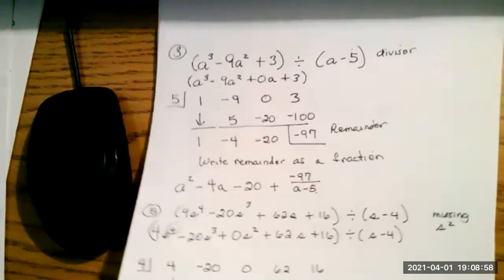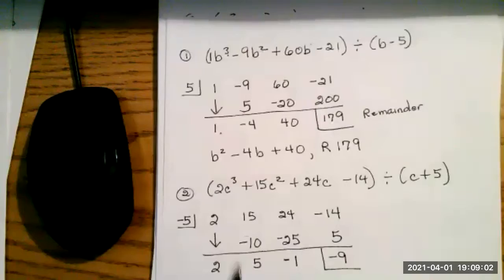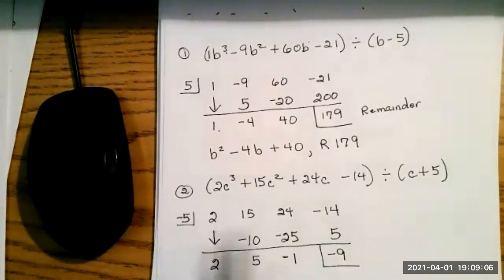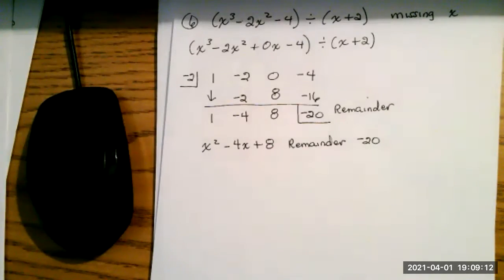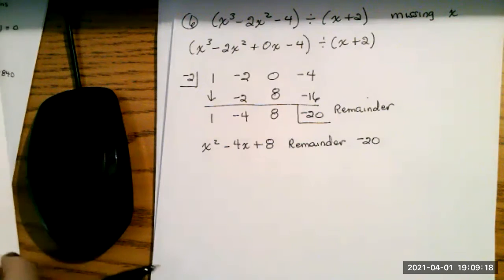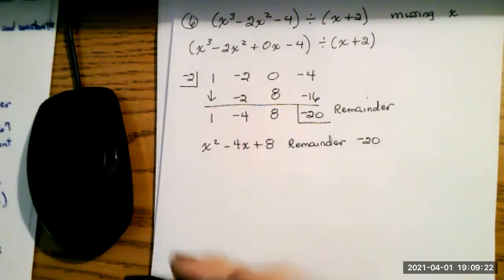So these will make points, and we'll do that, I think, for this test. 5, 179 is a point. Negative 5, negative 9 is a point. So whatever is in that remainder makes the y value of the point along with the one that's in the box. All right, there's only 6, I think. No, there's more. 7. Let's do 7.